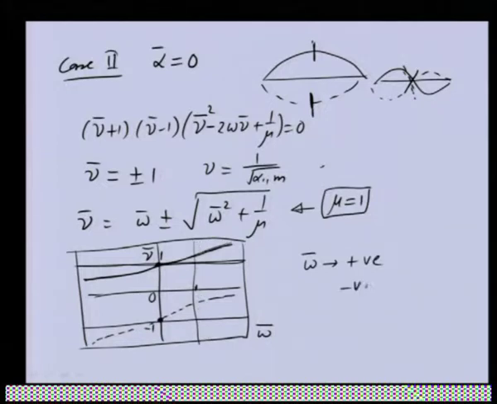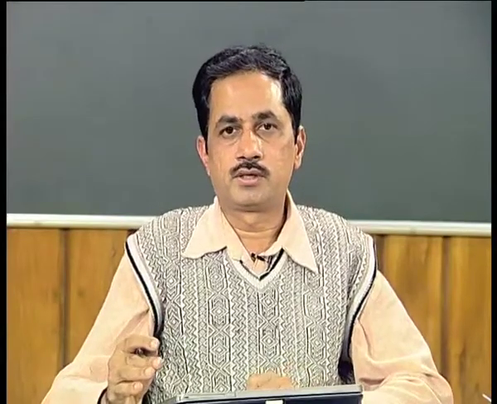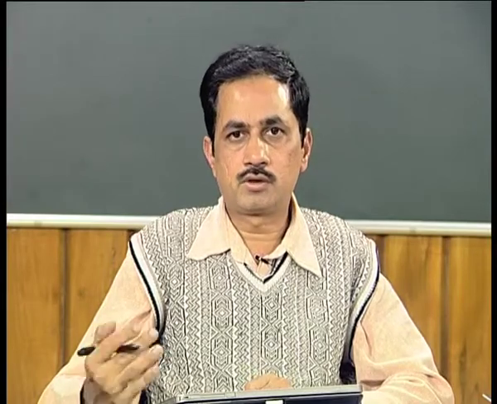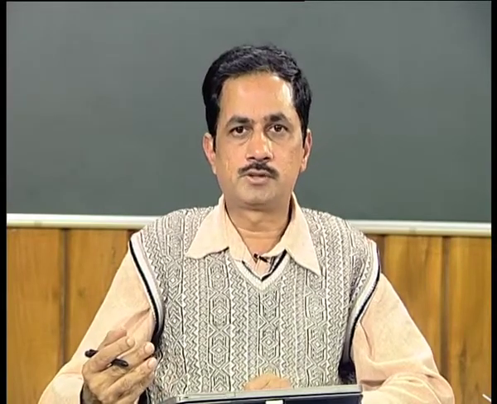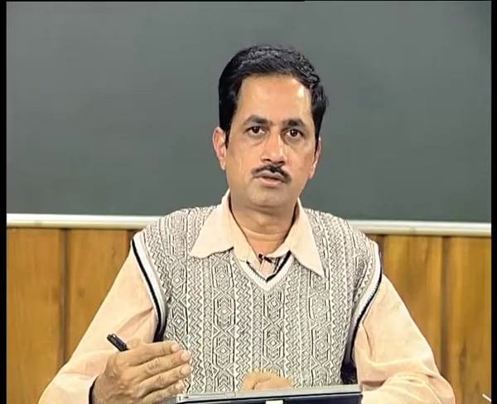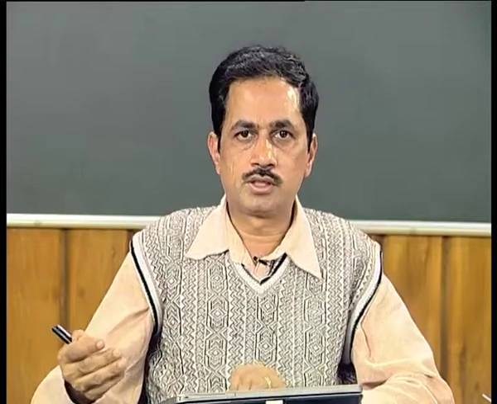If we use negative omega, again we get 4 intercepts, but those will be symmetric; they will be the same as these ones. That means when we rotate the rotor in the clockwise direction, we expect 4 critical speeds, and if we rotate the same rotor in the anti-clockwise direction, we should get the same critical speeds. So for either direction of rotation, the whirl frequency of the system should not change.